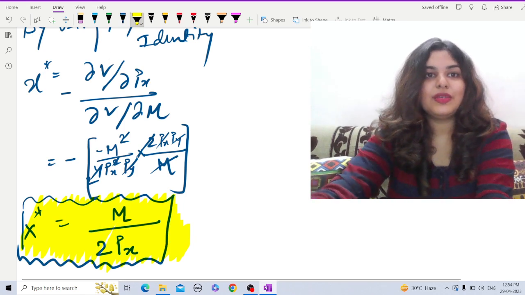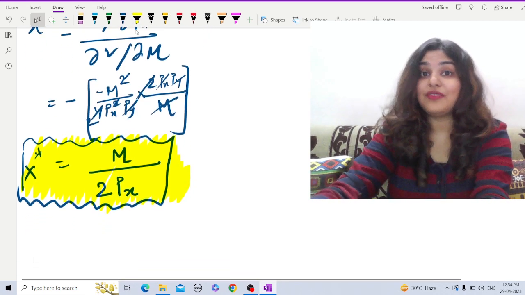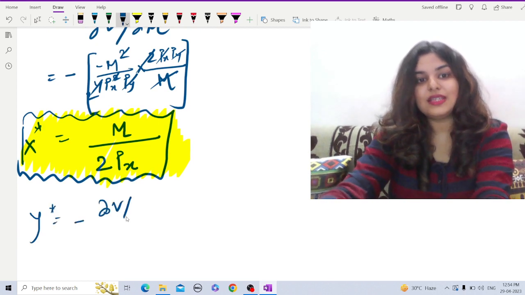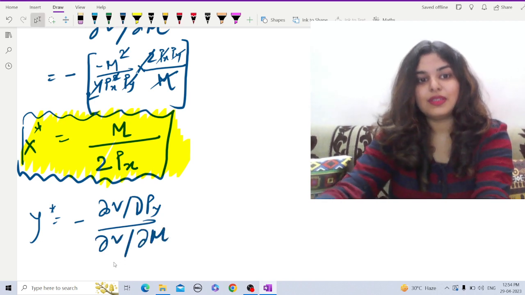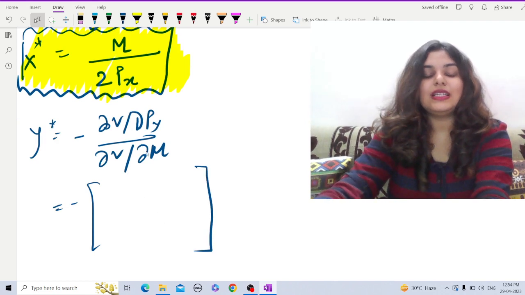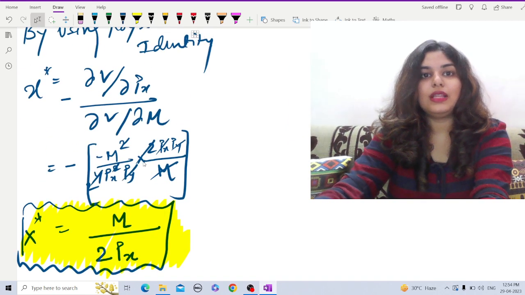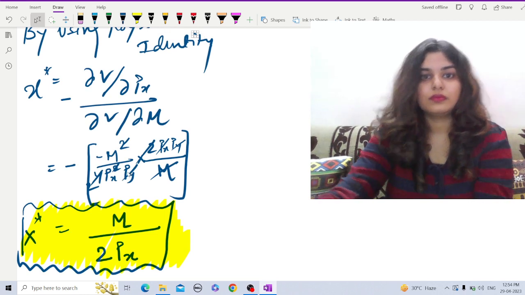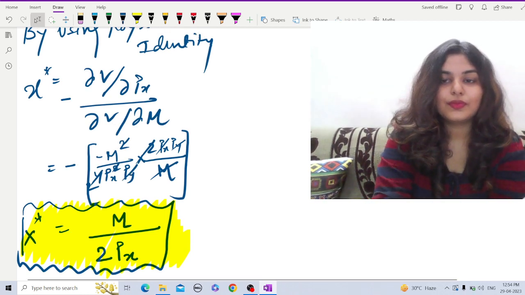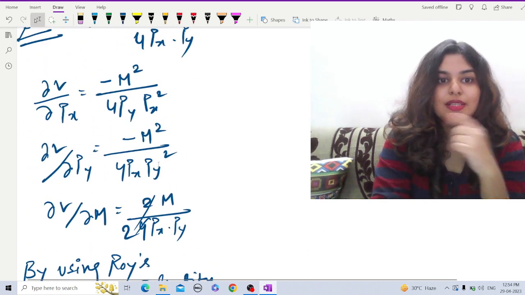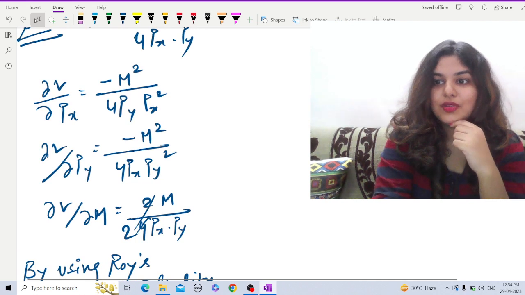Now similarly, by using the same formula, we can find the ordinary demand function for y, and that is y star is equal to minus delta v by delta py divided by delta v by delta m. Now that is equal to minus of, so in place of delta v by delta py, I can put the value as we have got here, that is minus m square by 4 px py square.